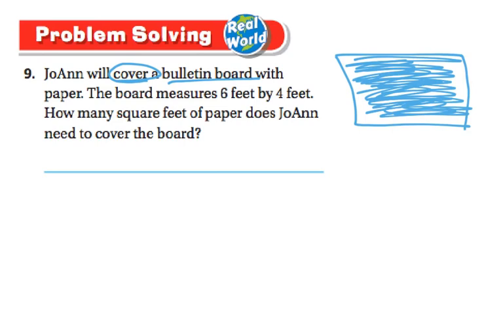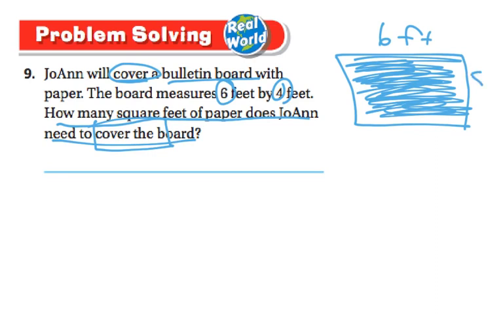Okay, so she's going to cover the bulletin board with paper. And then they tell us the bulletin board measures 6 feet by 4 feet. How many square feet of paper does Joanne need to cover the board? Okay, so looking at my bulletin board, this is 6 feet, and this side would be 4 feet. Okay, now my formula is area equals length times width.